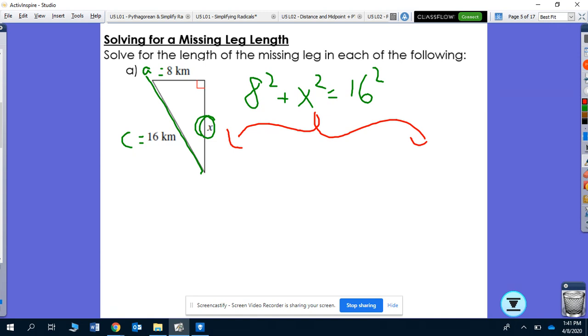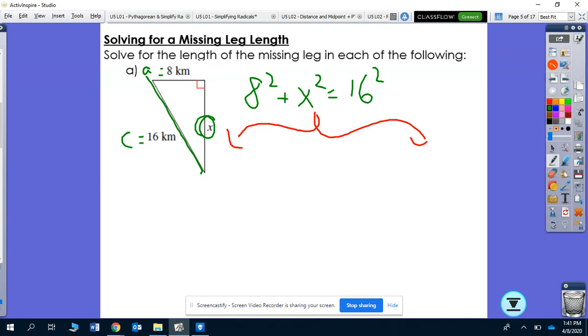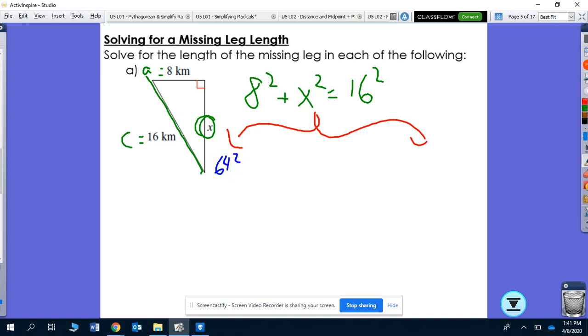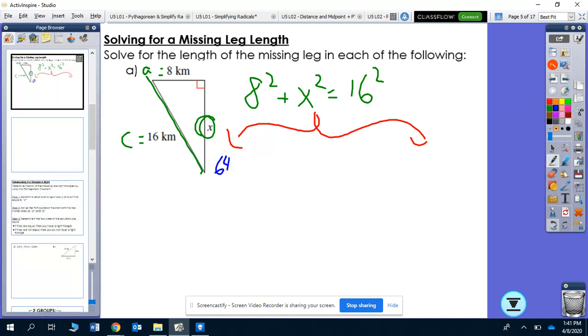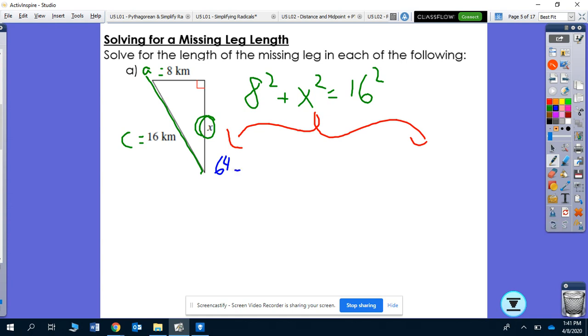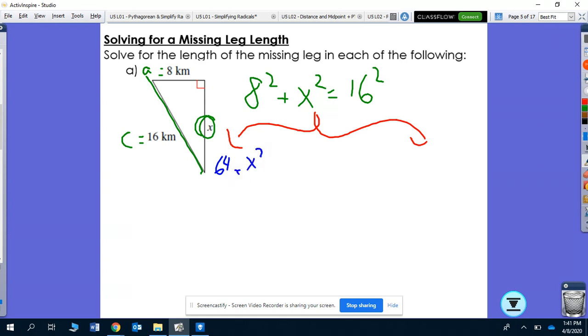The longer way is to actually write down what these values are. So if we square 8, we get 64. So 64 plus x squared equals, if we square 16, we get 256, right?